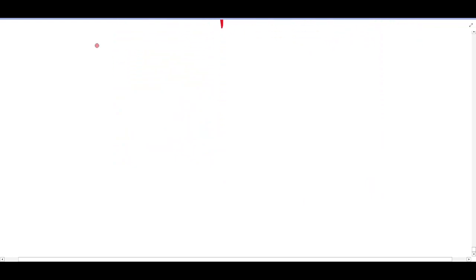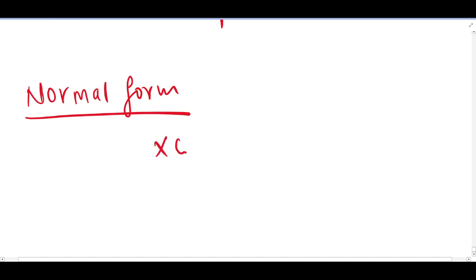Next is normal form. We know normal form is given by x cos alpha plus y sin alpha is equal to p.